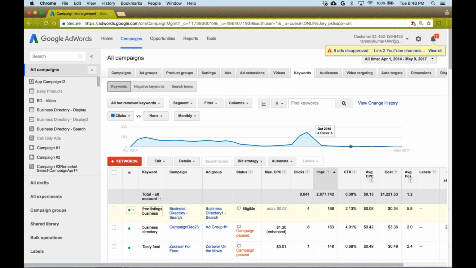Does this now make sense, how we are applying keywords and negative keywords?